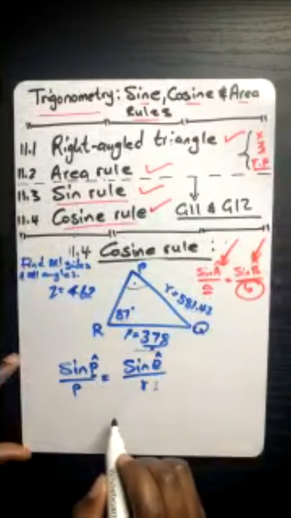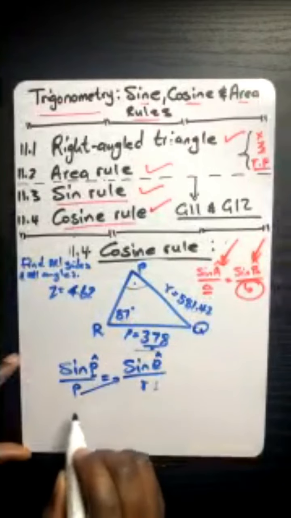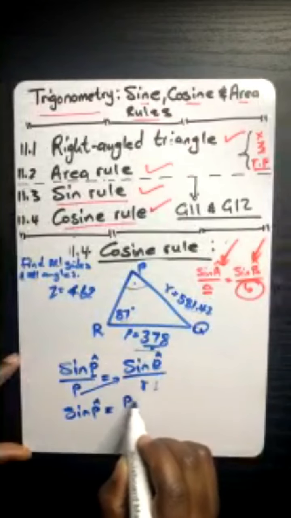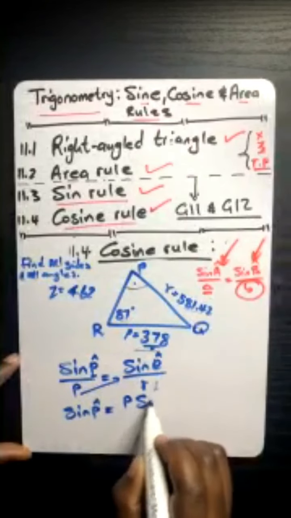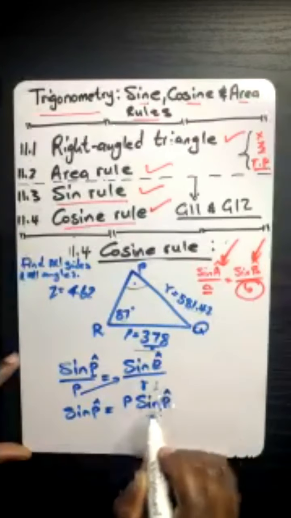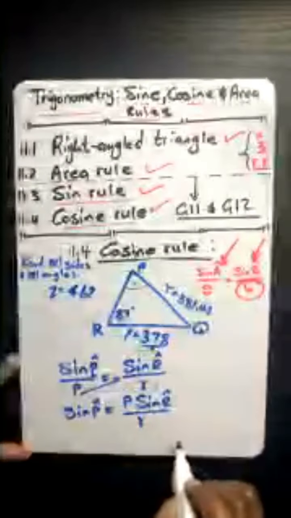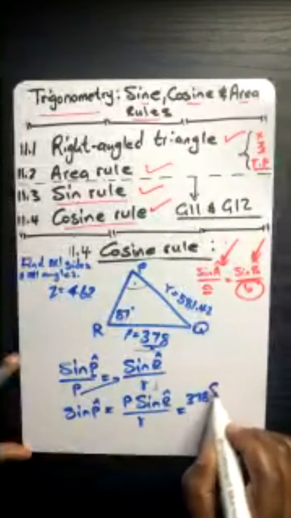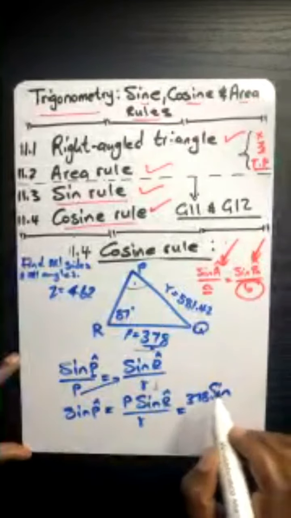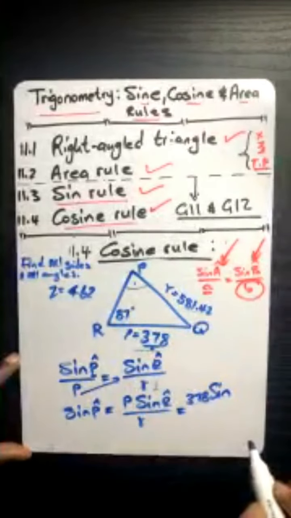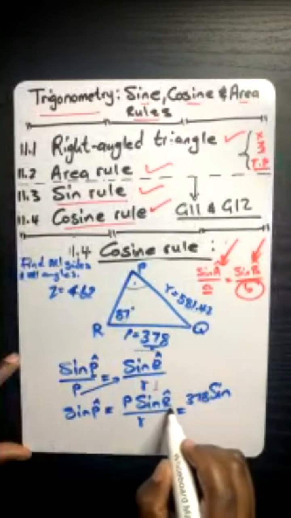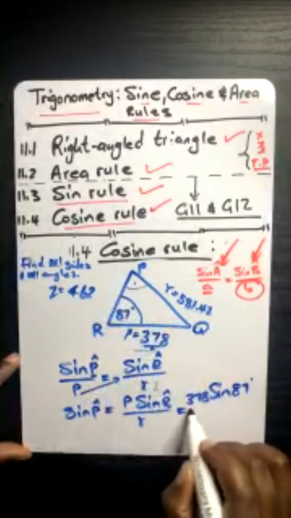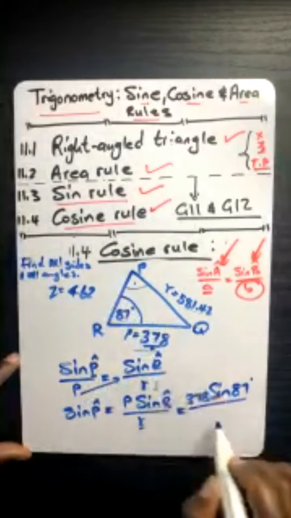Can you see what we are trying to calculate? You can just cross multiply, meaning you end up having sine of angle P is equal to P multiplied by sine of angle R over r. P we know is 378, sine of angle R is 87 degrees, over small r, which we calculated.